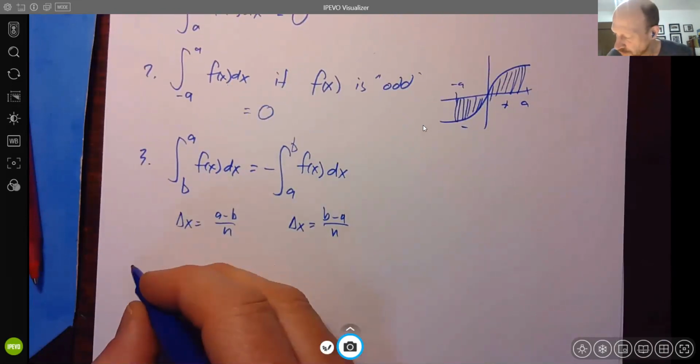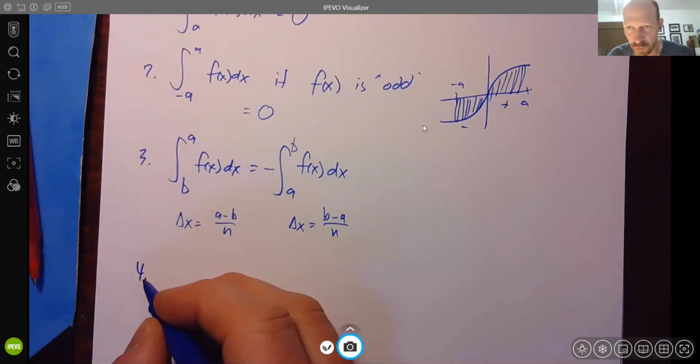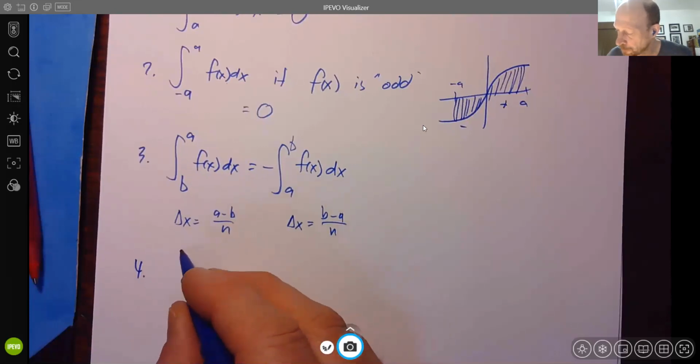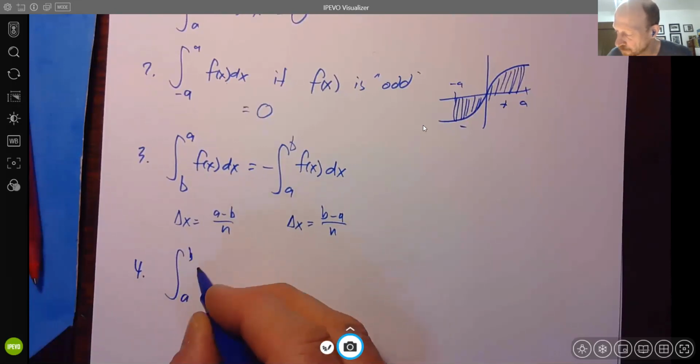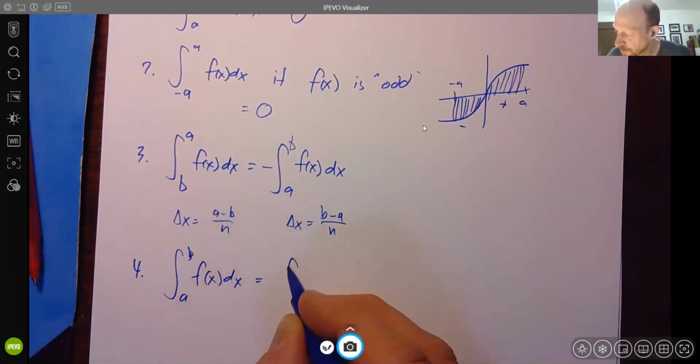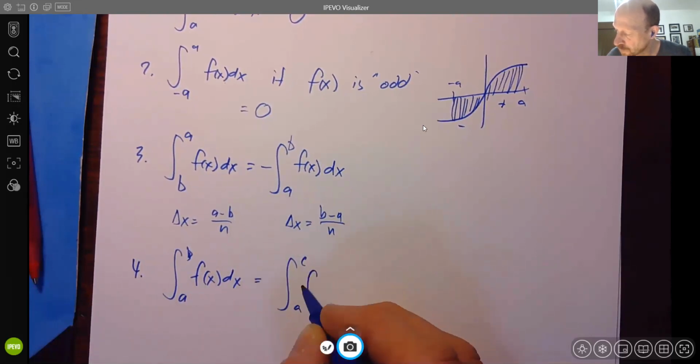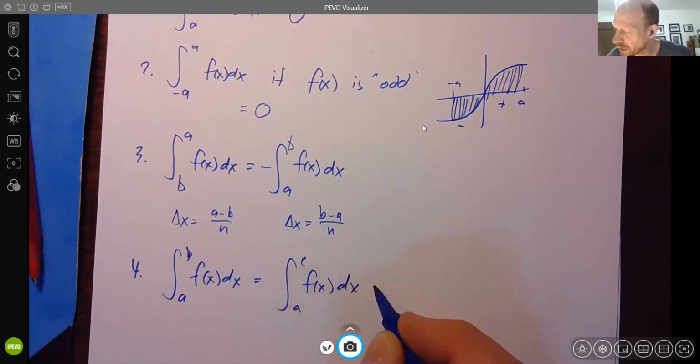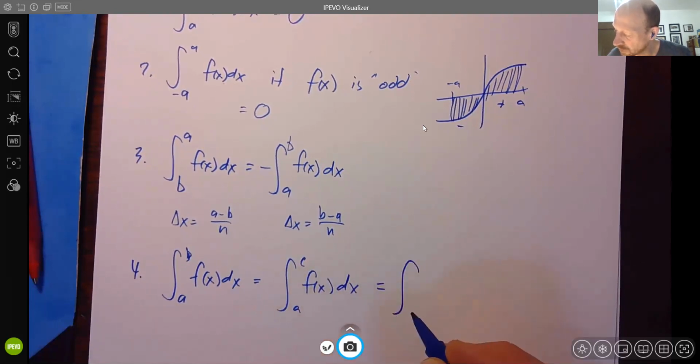Okay, one more here. I think one more that kind of matters. So the integral from a to b, it turns out, can be written as the integral from a to c, sorry, that should be a plus, the integral from c to b.